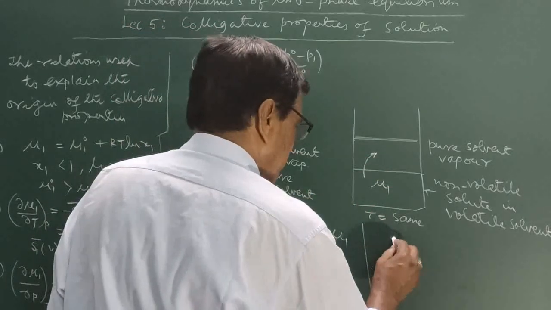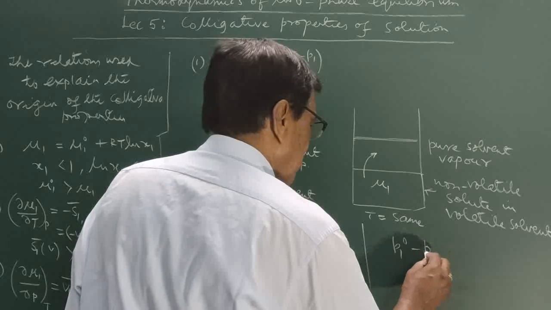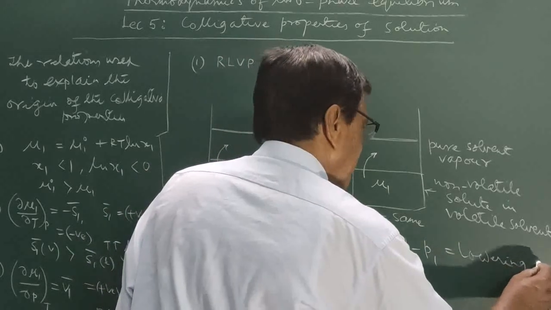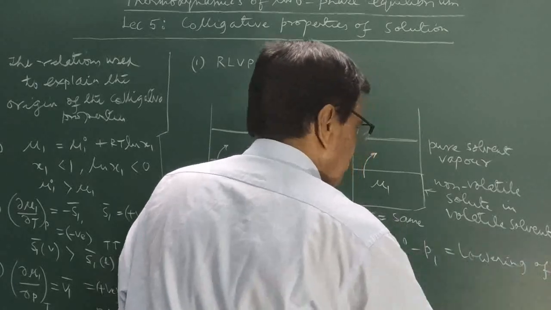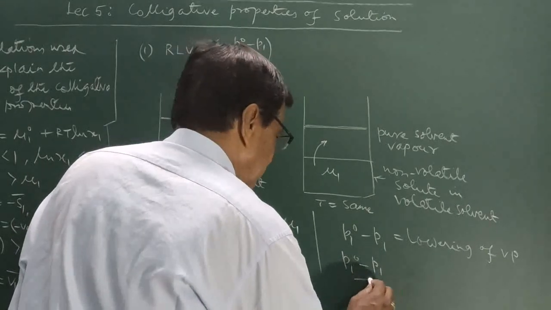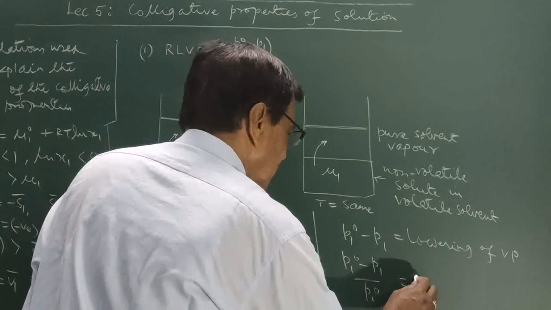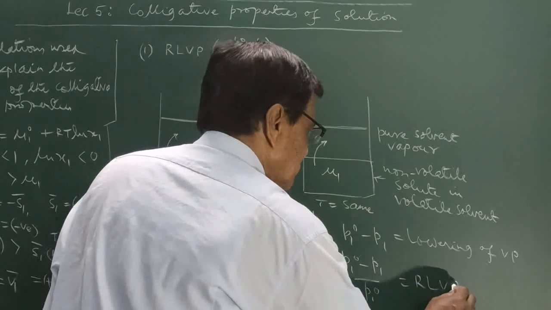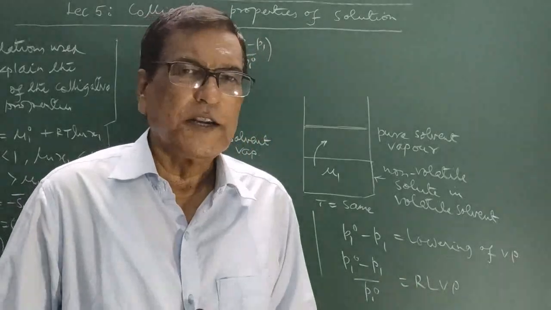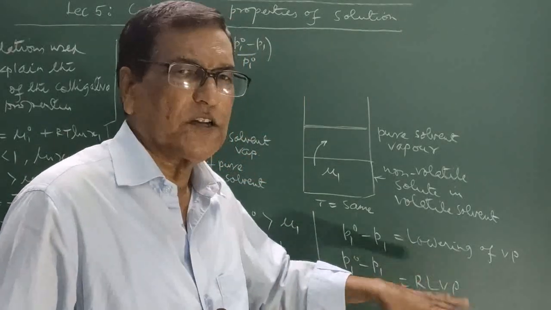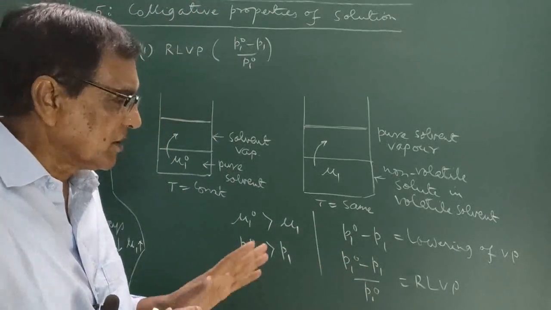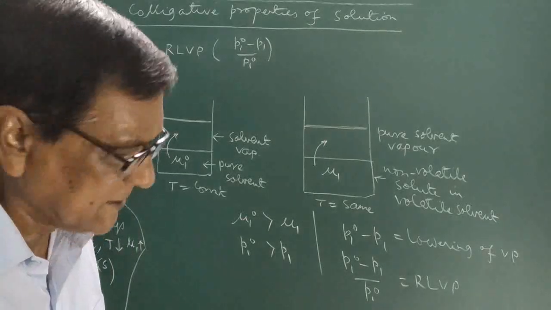So naturally P1 naught minus P1 is called the lowering of vapor pressure of the solution, and P1 naught minus P1 divided by P1 naught is called the relative lowering of vapor pressure of the solution, and this is a colligative property, and this property depends on the number of solute particles, not the nature of the solute particles.